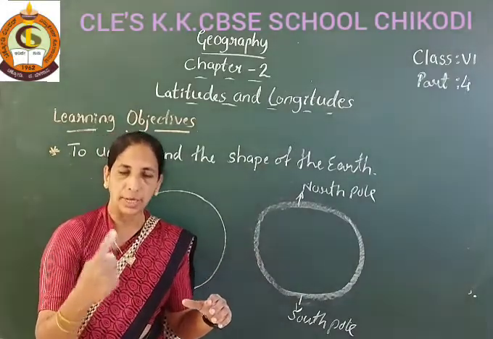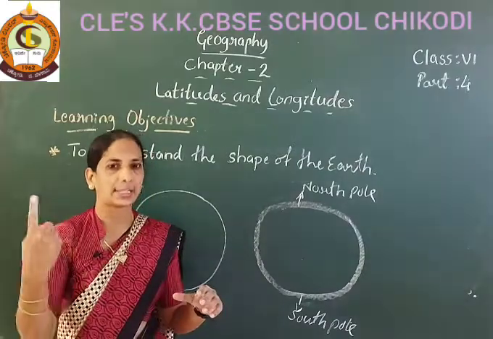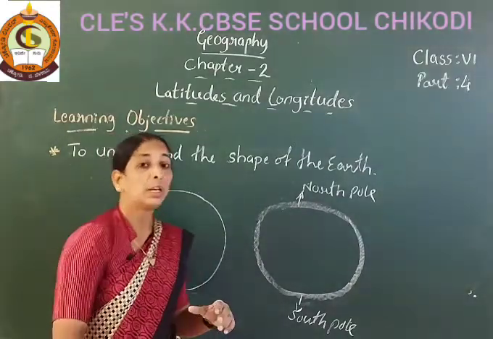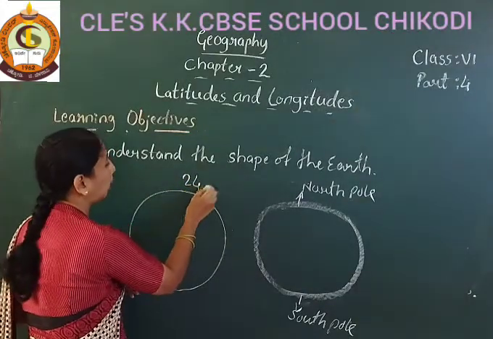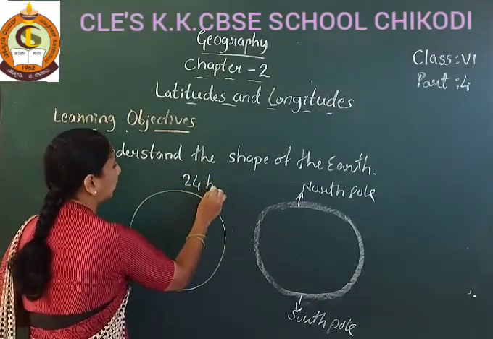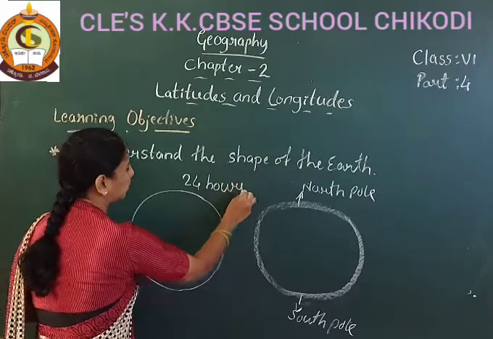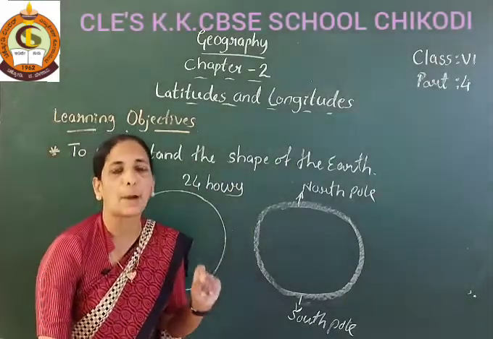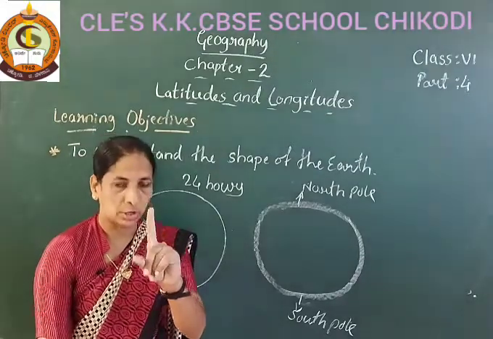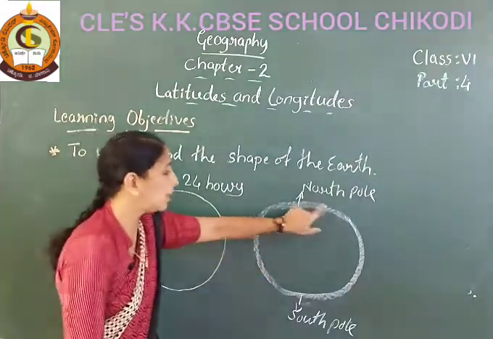The earth rotates on its axis. One rotation is completed in 24 hours. Completing one orbit, which means one circle, takes 24 hours.